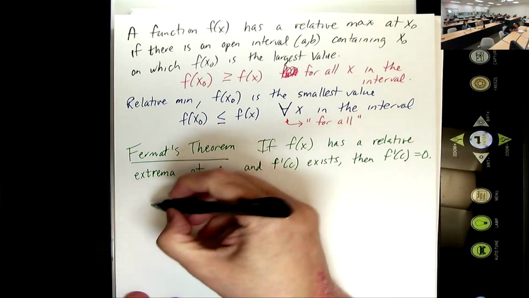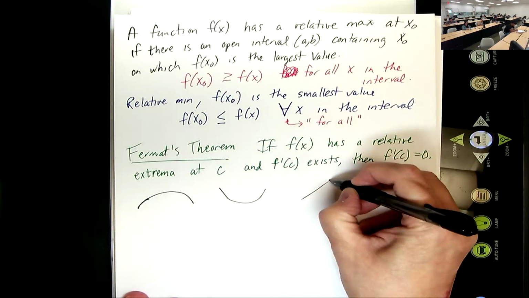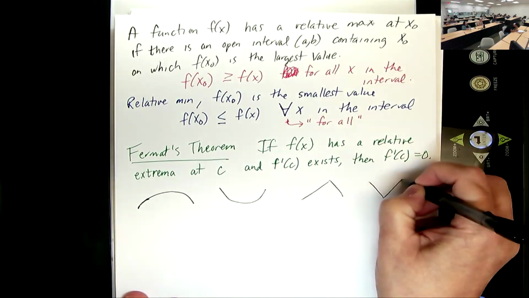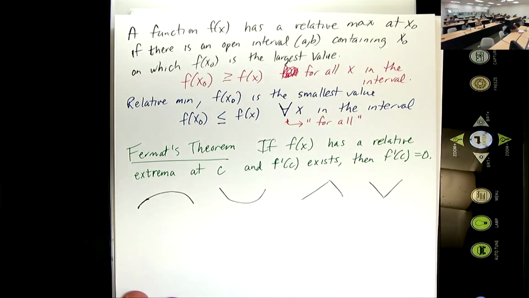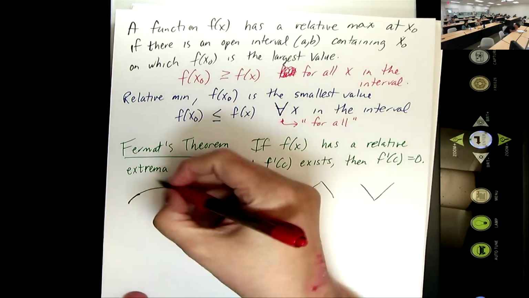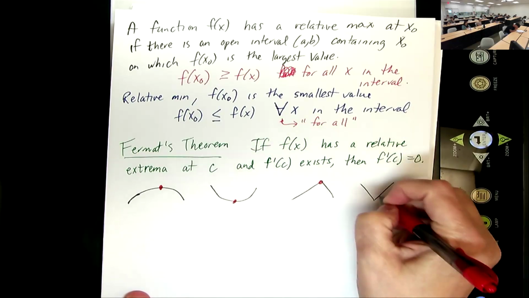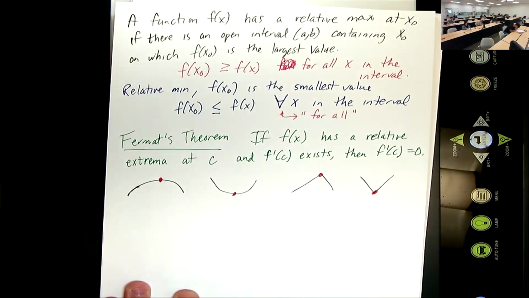So you're looking at curves like that, curves like that. We can look at an absolute value here. We're just talking about the slope. So we have relative extrema here. Those are all relative extrema, maxes or mins.